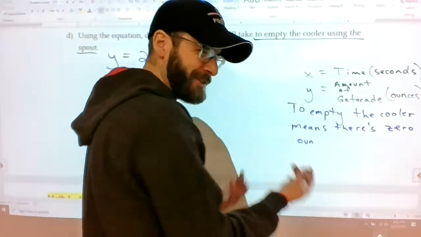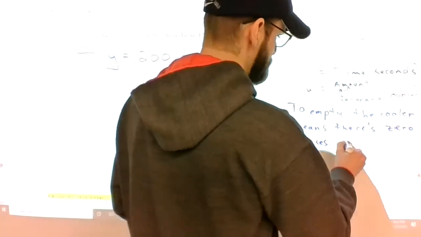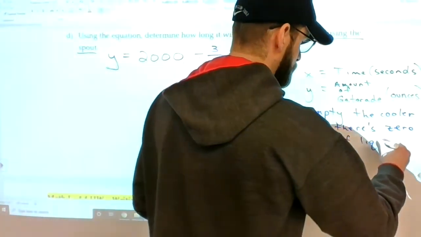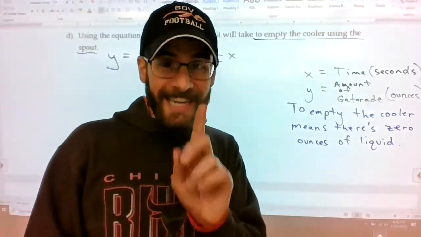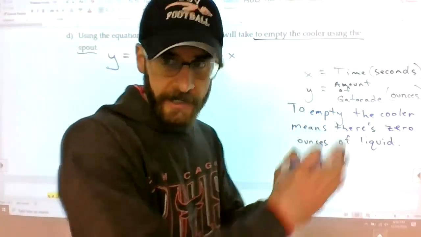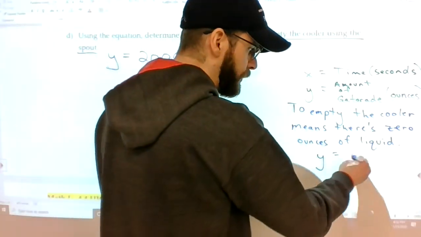That makes sense? 0 ounces of Gatorade is an empty cooler. So they're saying your data input, the number you plug in, is y, because y represents ounces, equals 0.